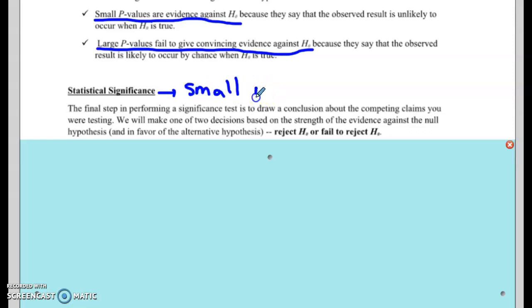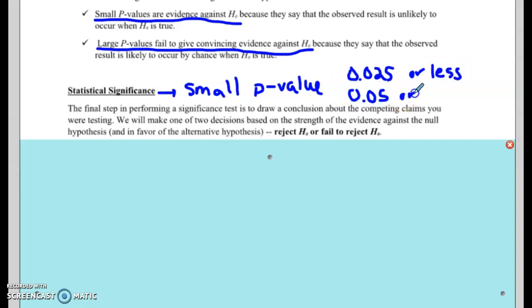And we used some numbers in the past. Common gauges of this are if you get a p-value of 0.025 or less. That's a common one. That's 2.5%. Sometimes we do 0.05. That's 5% of the time or less.